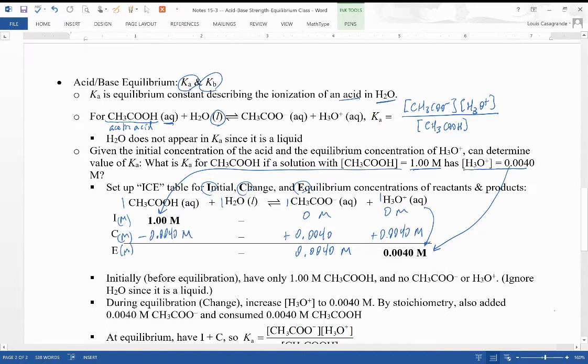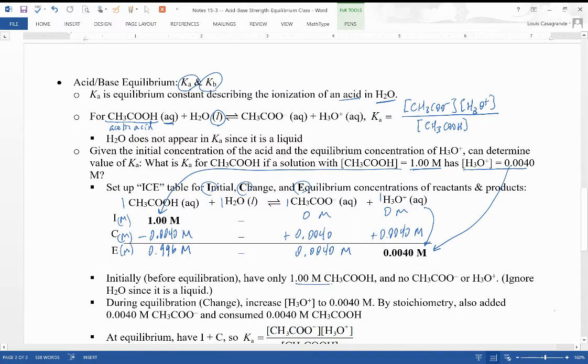Now, these are pretty nice reactions because the stoichiometry is always going to be 1-to-1 to 1-to-1, so you don't have to worry about what's limiting, things like limiting reactants. It just goes. And so that's going to leave us with 0.996 molar concentration of acetic acid at equilibrium.